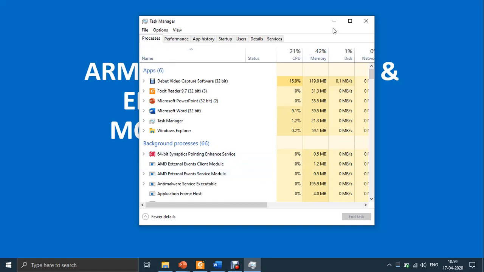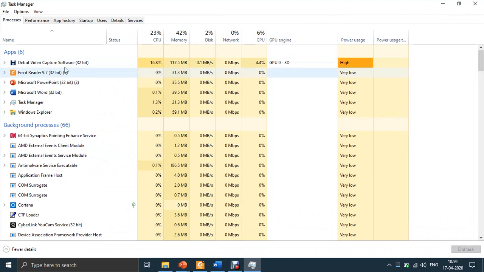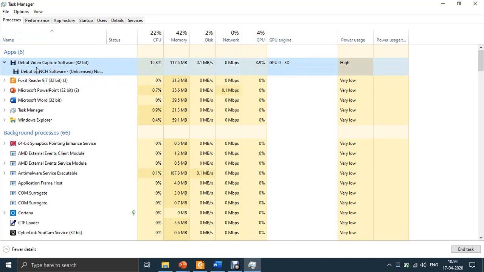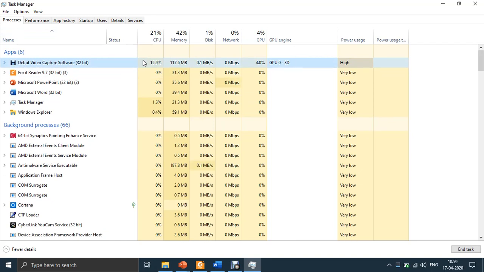So currently, how many processes are running in my PC? This is one process, and how much CPU it is utilizing currently, how much memory, how much disk, meaning secondary memory, and how much graphical processing unit it is utilizing. So power usage it is high.